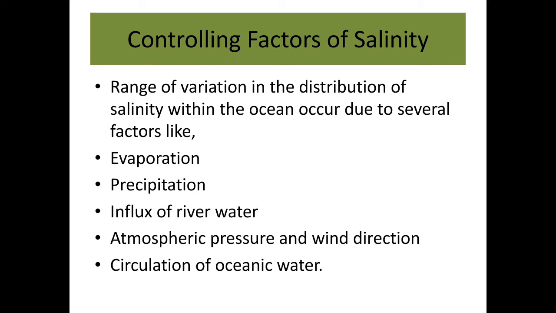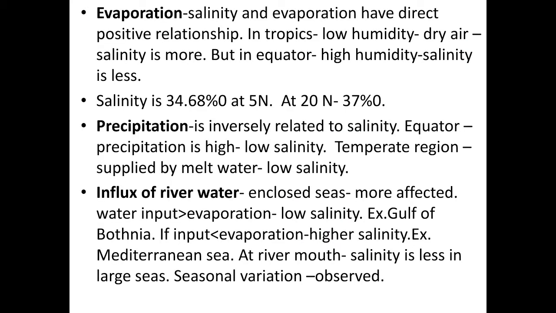Controlling factors of salinity. The variation in the distribution of salinity within the ocean occurs due to several factors like evaporation, precipitation, influx of river water, atmospheric pressure and wind direction, circulation of oceanic water, etc. Evaporation: if evaporation is more, salinity also is going to be more, because both have a direct positive relationship. In the tropics, because of low humidity and drier conditions, salinity is more.